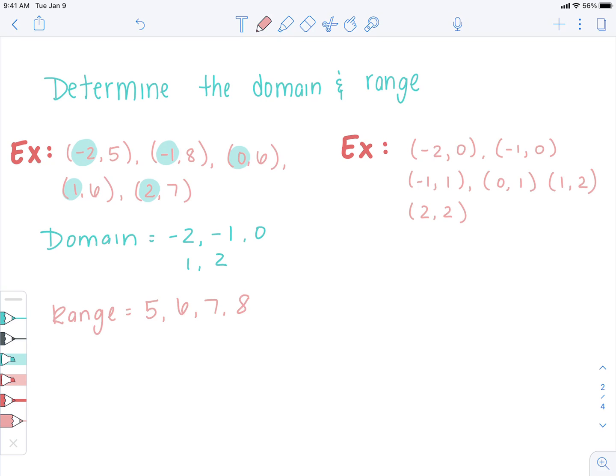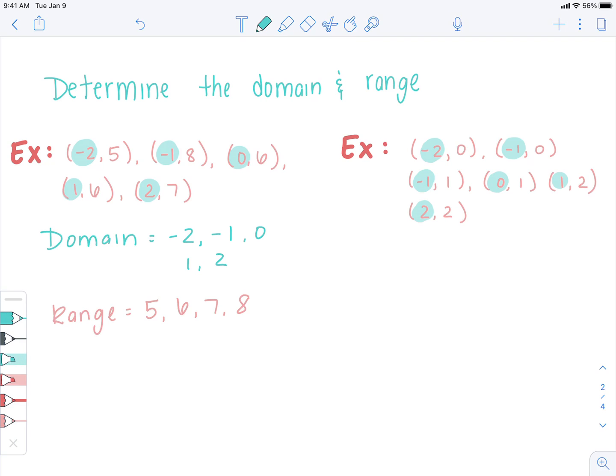So I'm going to do the same thing with the second example where I have -2, 0, -1, 0, -1, 1, 0, 1, 1, 2, and 2, 2. If I want my domain, I'm going to pick out all of my x values, -2, -1, -1, 0, 1, and 2.